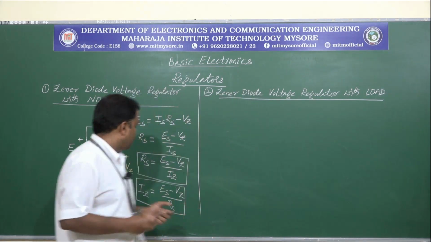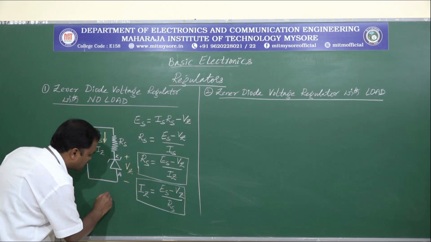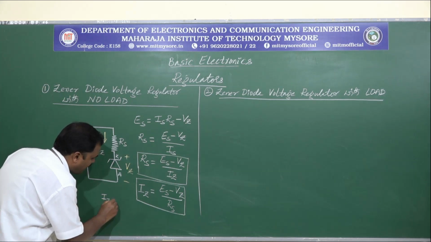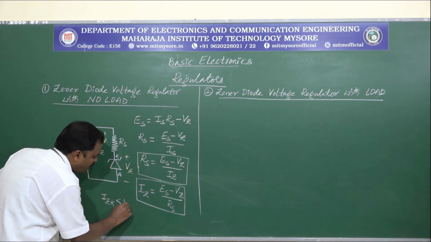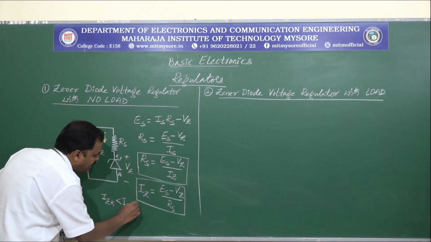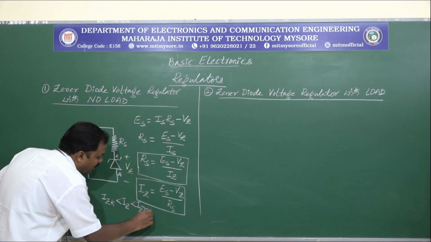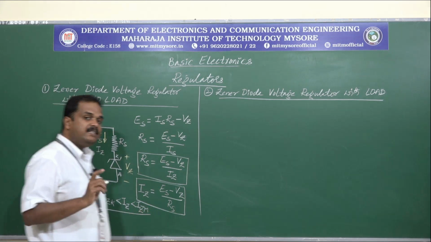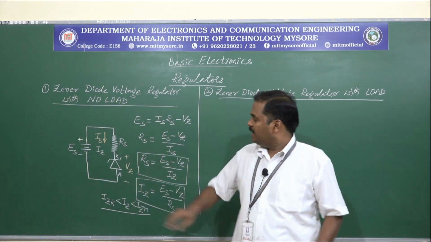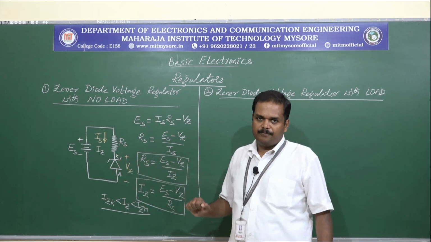So the Rs value should be selected such that Izk is less than Iz and Iz is less than Izm. So this is the design constraint we have in this particular circuit.